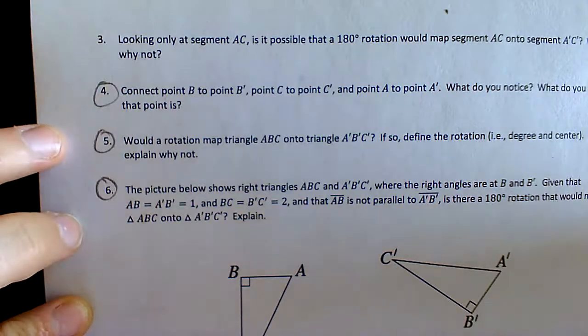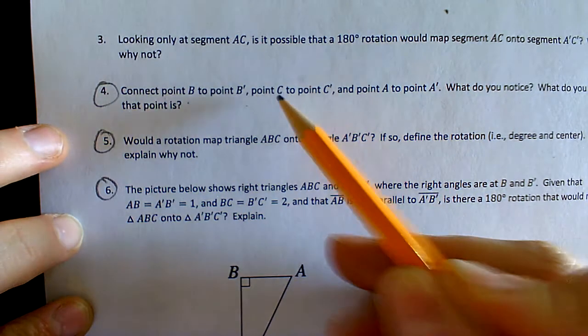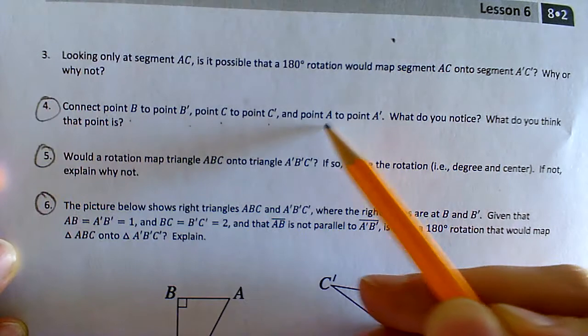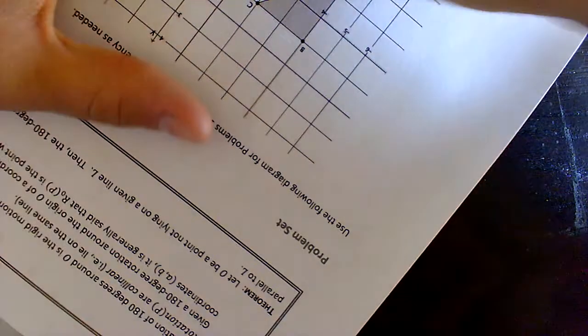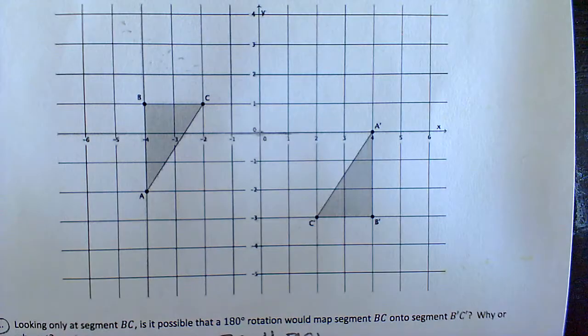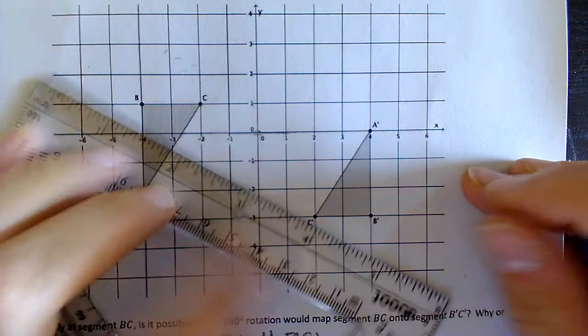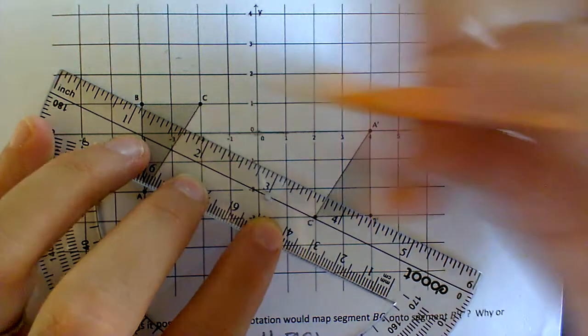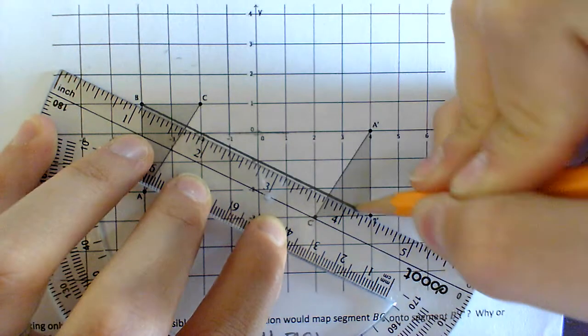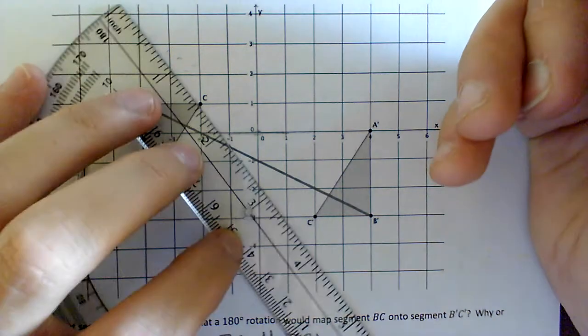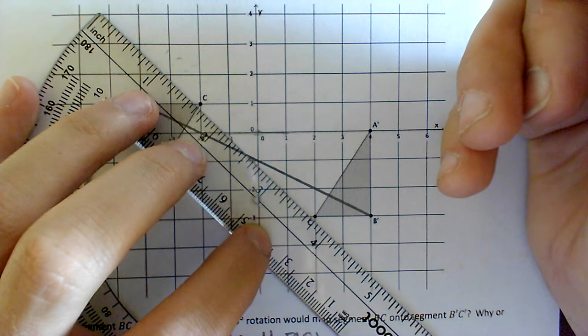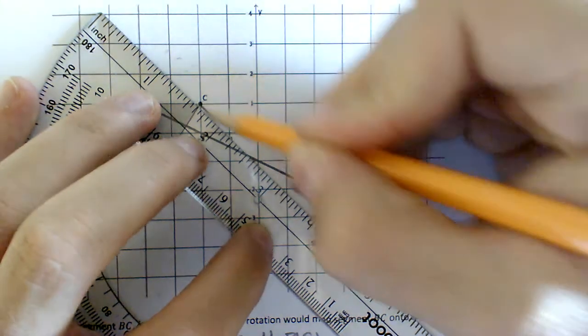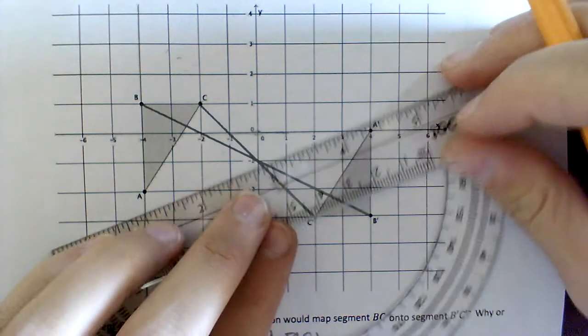Now looking at number 4, it says connect B to B', C to C', A to A'. Okay, connecting B and B', C with C', and A with A'.